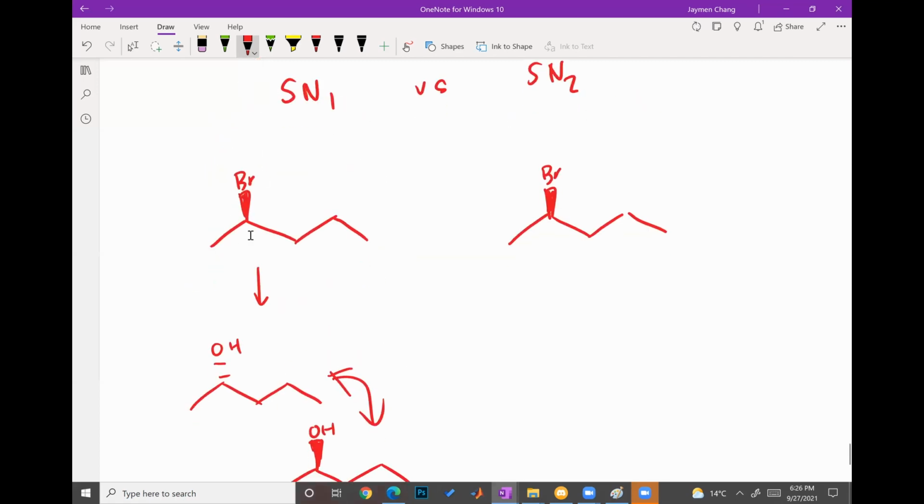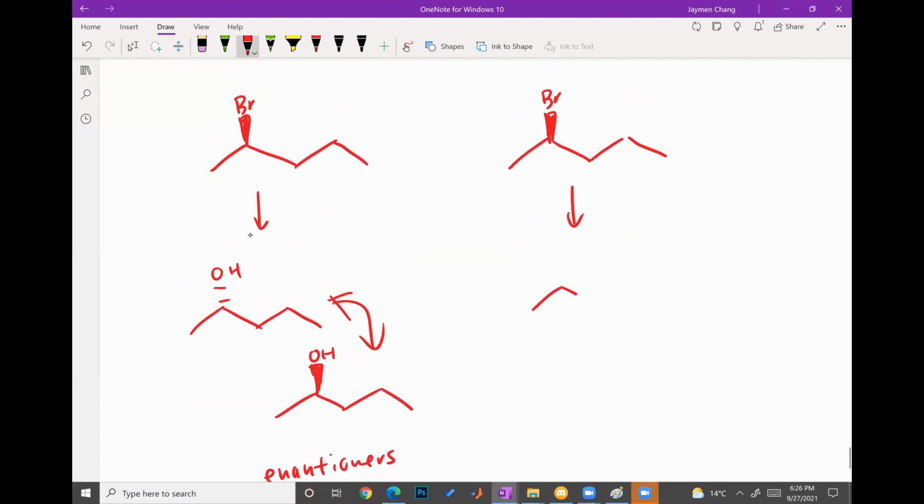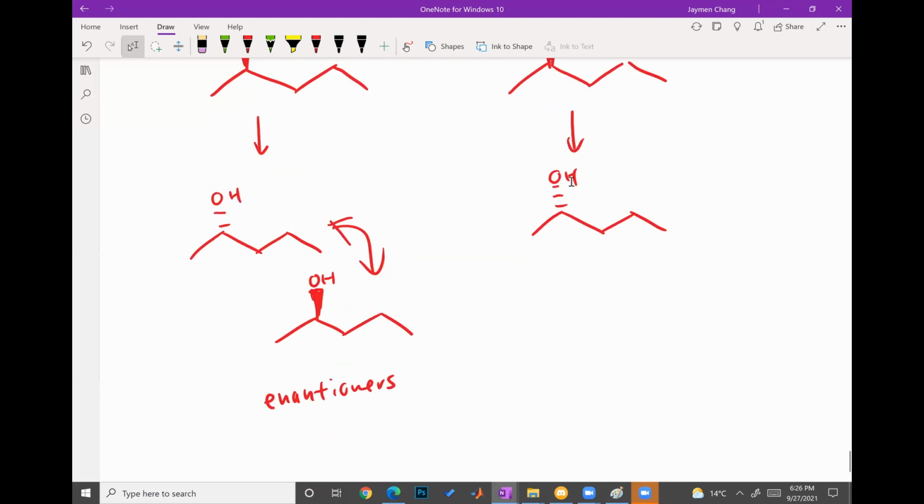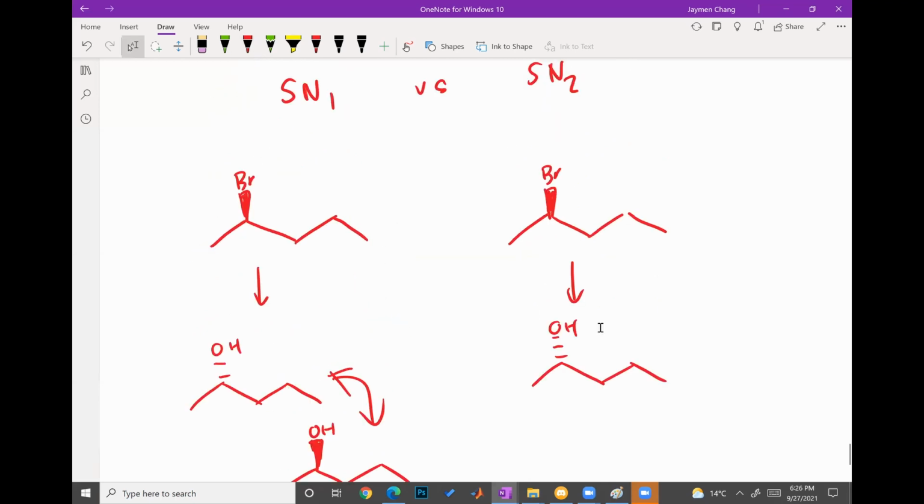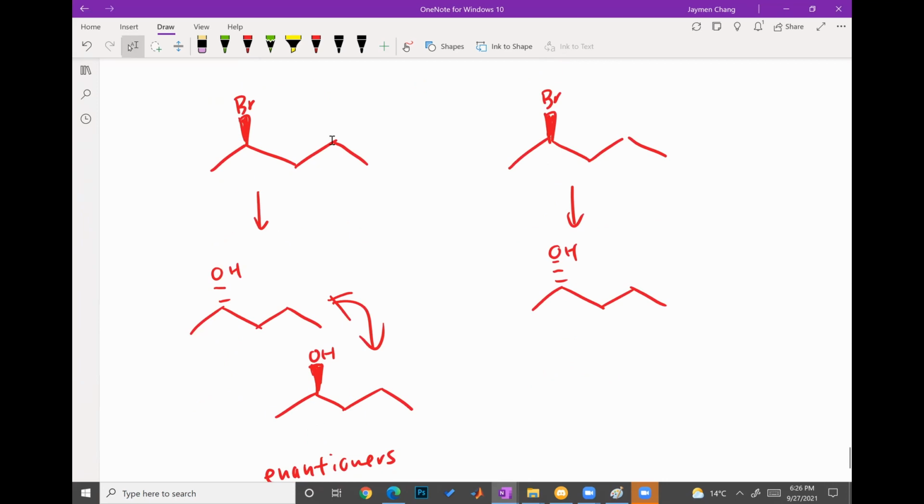And when we just do the SN2 pathway, we actually only get one product, which is going to be the inverted product. So the thing we want to understand in OChem is you always want to be asking the question, why does a certain thing happen? Why is it that when we do SN2, we're left with one product, and when we do SN1, we're left with two products?